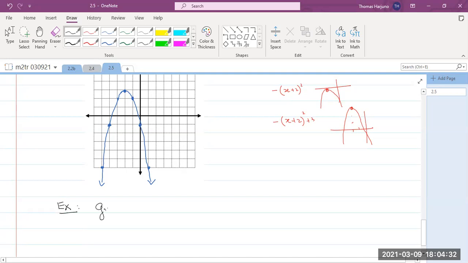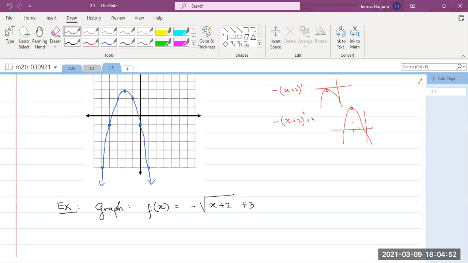The graph f(x) equals negative square root of x plus 2 plus 3. What will the graph of this thing look like?